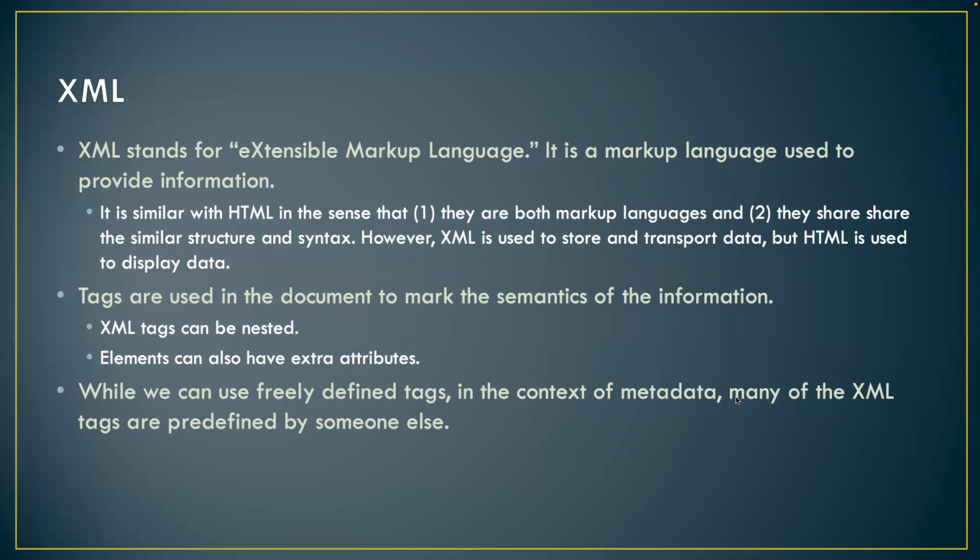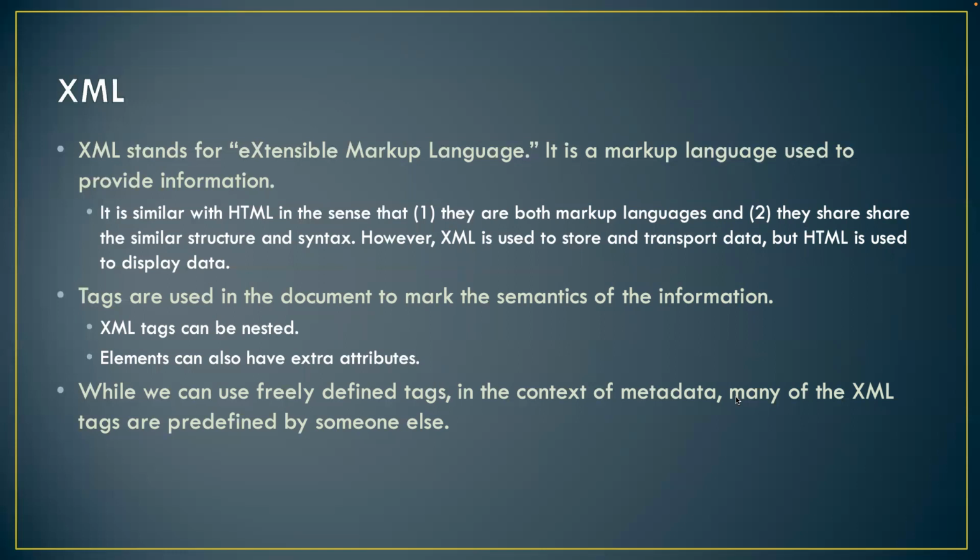The first is XML tags can be nested so that we can have different layers of semantics. So some of the tags can belong to another tag. For example, we can say that the author may have a first name or last name, but the tags to express first and last names are definitely a part of the overall author name instead of the overall document.